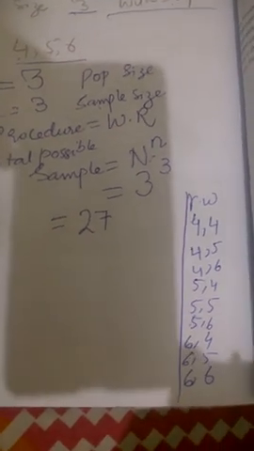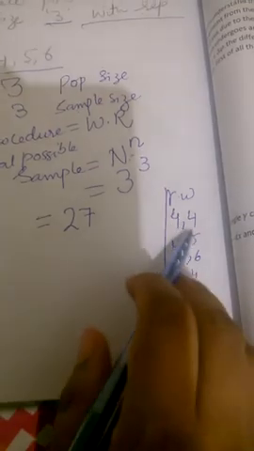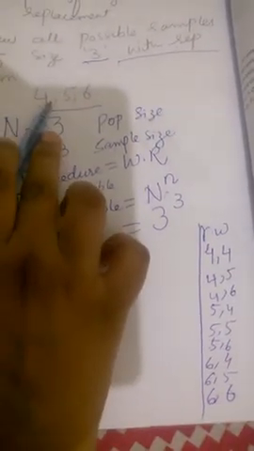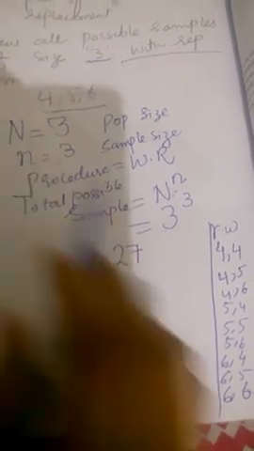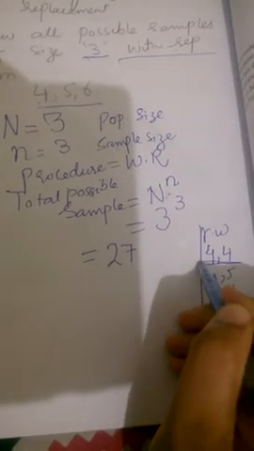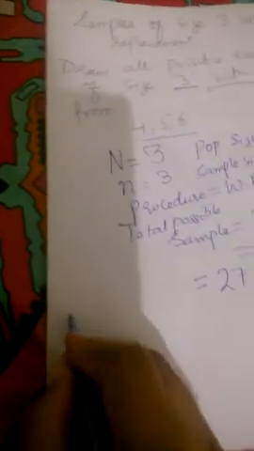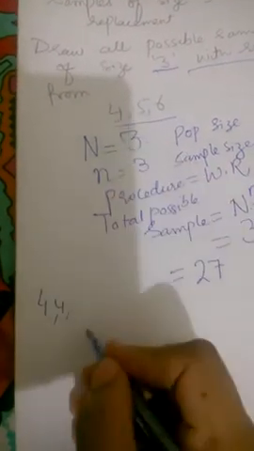First of all, in case of sampling with replacement of size 3, I have made samples of size 2 in rough work. After making samples of size 2, we have to assign these samples to all the elements of the population, then we will get our required number of samples of size 3. जैसे पहला sample है 4 4, we will select this sample 4 4, and then we assign 4 4 with the first element of the population 4.